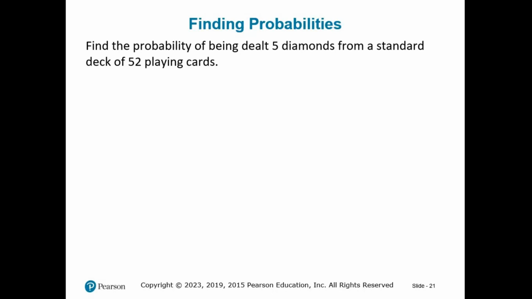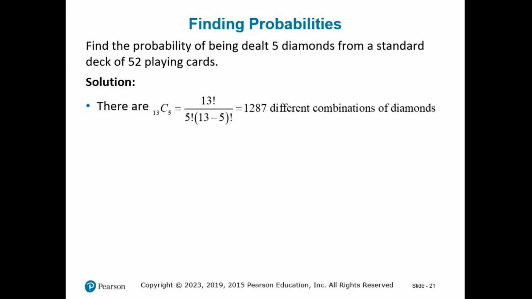First, how many different combinations of diamonds could we get? Our N will be 13 because there are 13 diamonds in the deck. And our R will be 5 since that's how many we're selecting. So 13 choose 5, or 13 factorial divided by 5 factorial times 13 minus 5 factorial. We get 1,287 different combinations of diamonds.